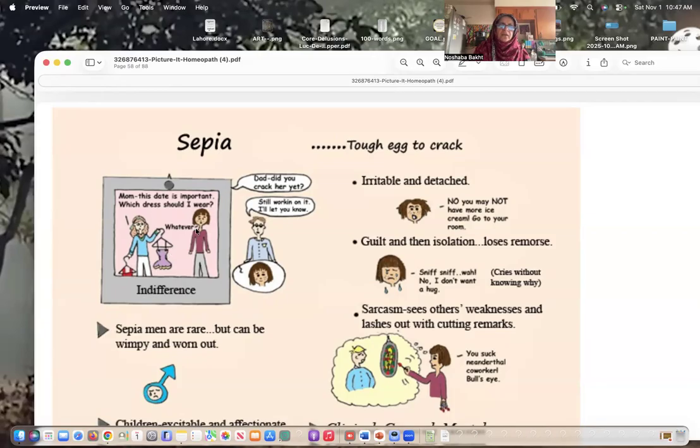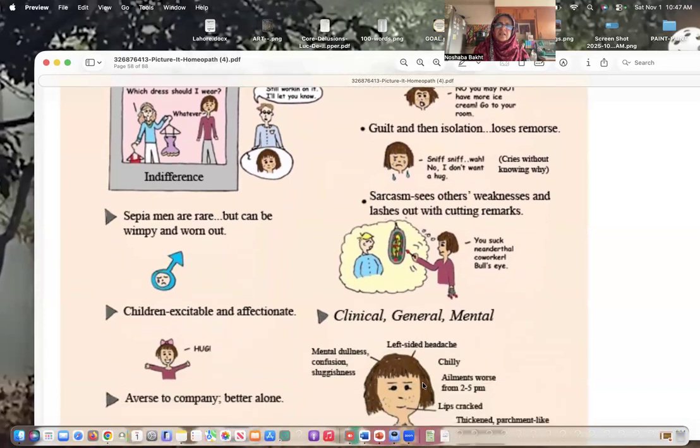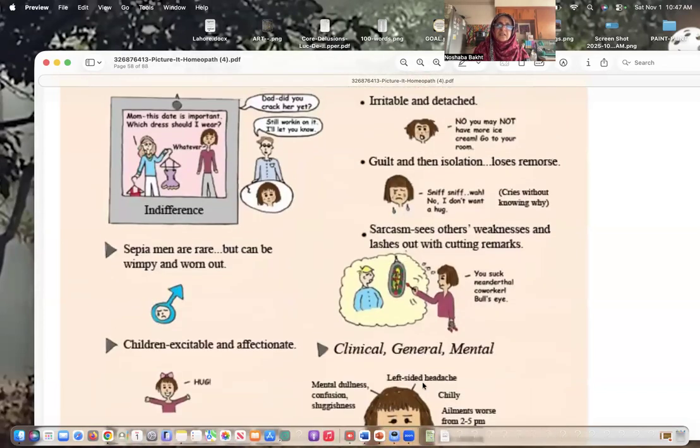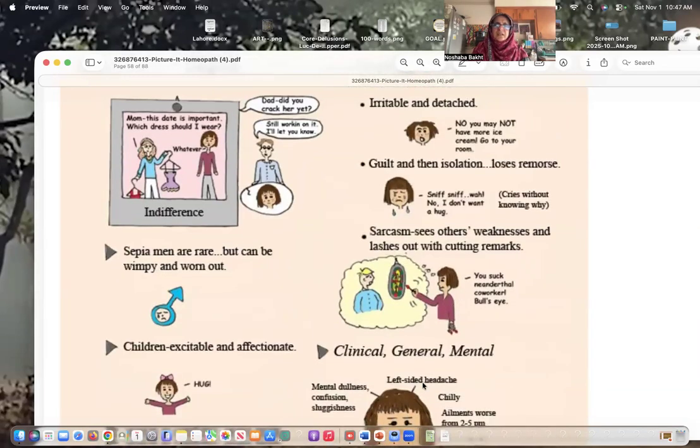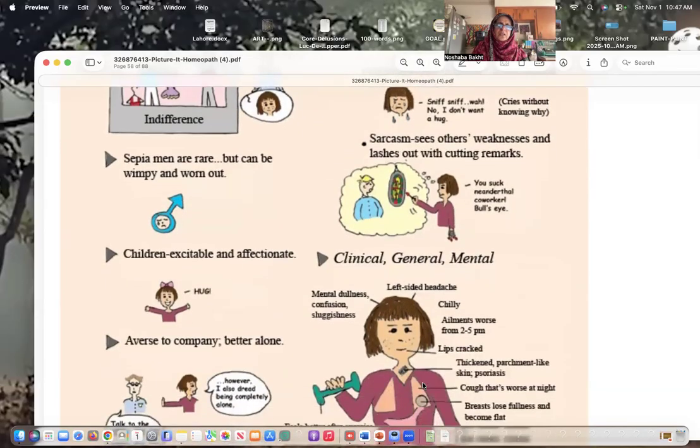Now over here, you see indifferent. Somebody's crying, children are crying, and they say, "No, I don't want anything." And they'll be very sarcastic. They are tired, and they will cry. At one point they were very helpful and happy and taking care of everything.